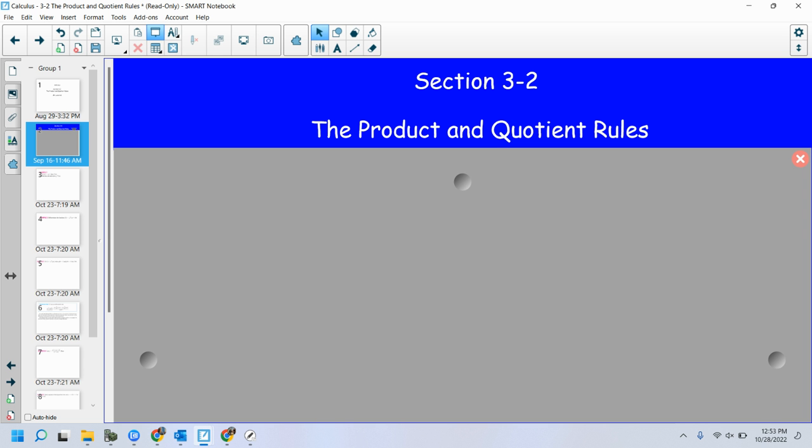What we're going to be looking at today is how we could multiply or divide functions. I need this to be able to take the derivative. Multiply or divide functions to be able to take the derivative.